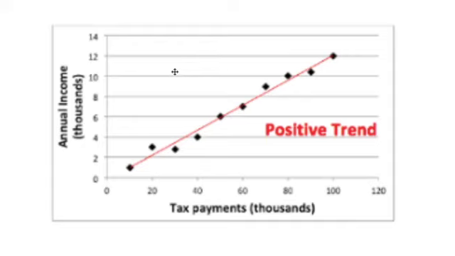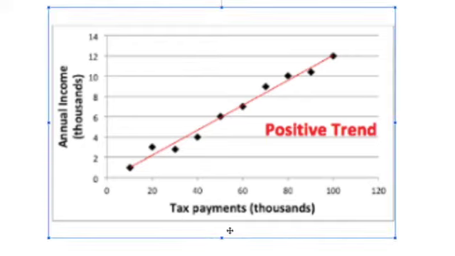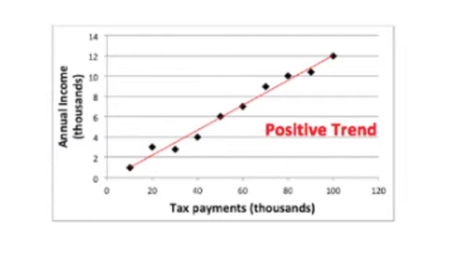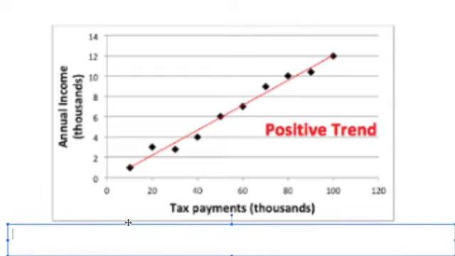Okay, so really the main point of today is to look at positive trends. So in the scatter plot here, we see that as tax payments, let me actually add some text boxes here. In this graph, we can see that the x-axis has tax payments, the number of thousands of tax payments, and the y measures the annual income.